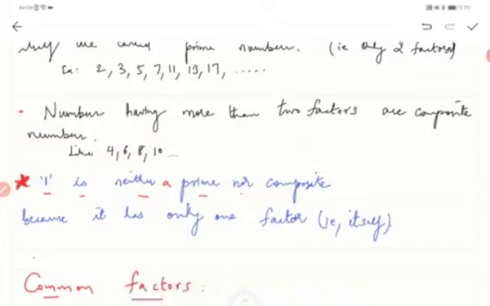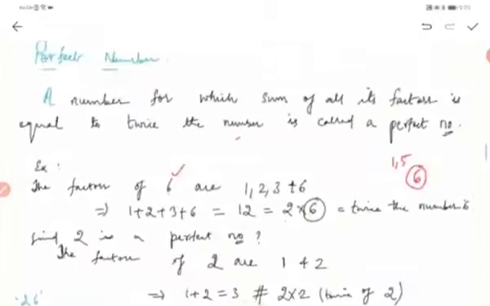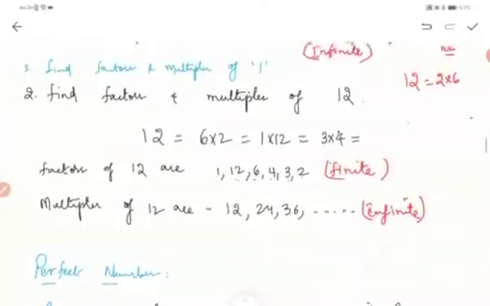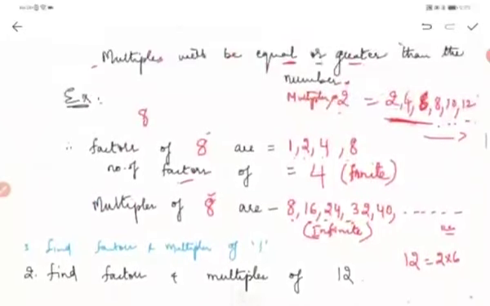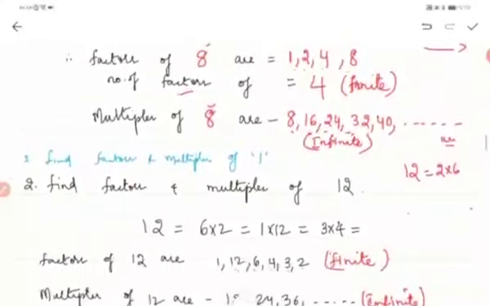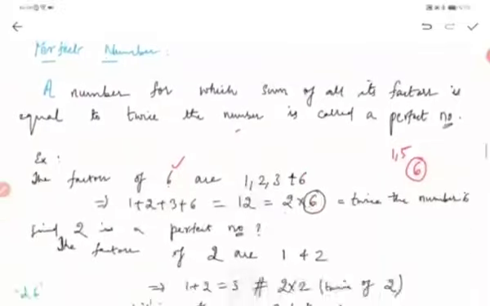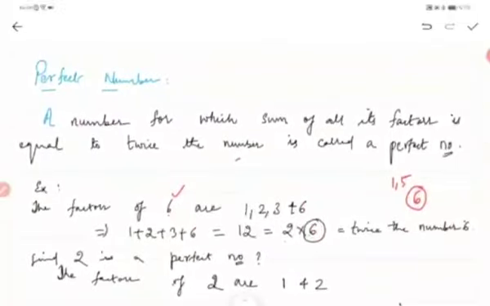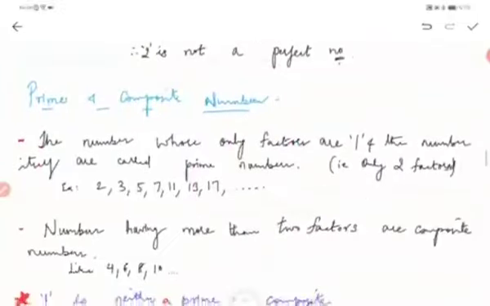Alright, so I hope today's class is clear to you. What did we learn today? We saw what a perfect number is, and what prime and composite numbers are.